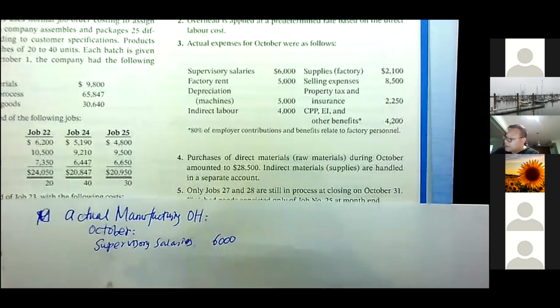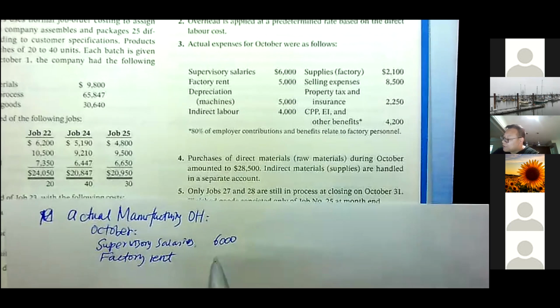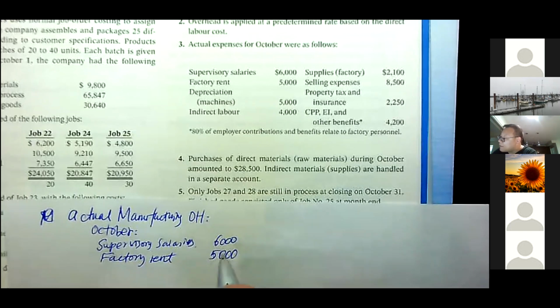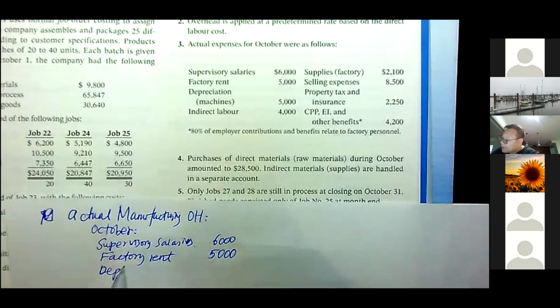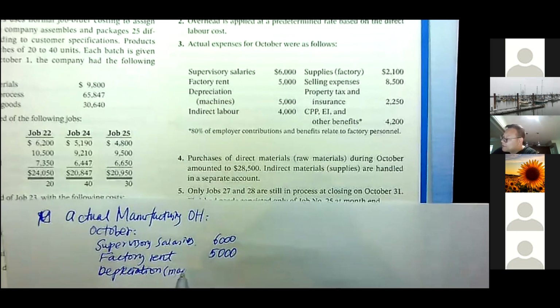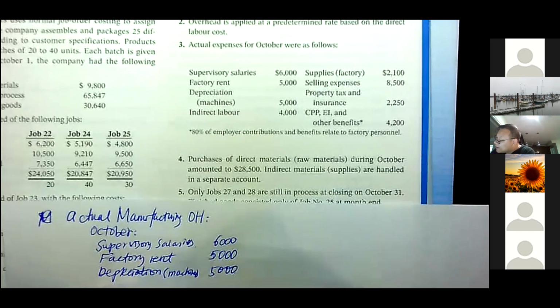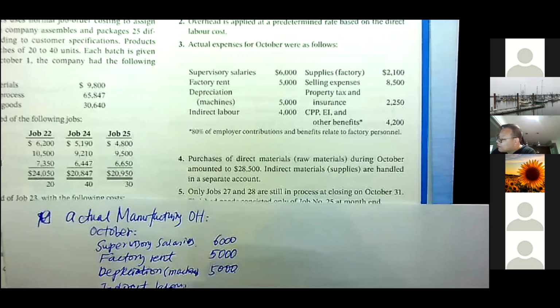And factory rent, is this a manufacturing overhead? Yes, because it's related to the manufacturing, the factory, right? Depreciation on machines. Yes. That's the 5,000. Indirect labor. Yes. Okay. Good. 4,000.